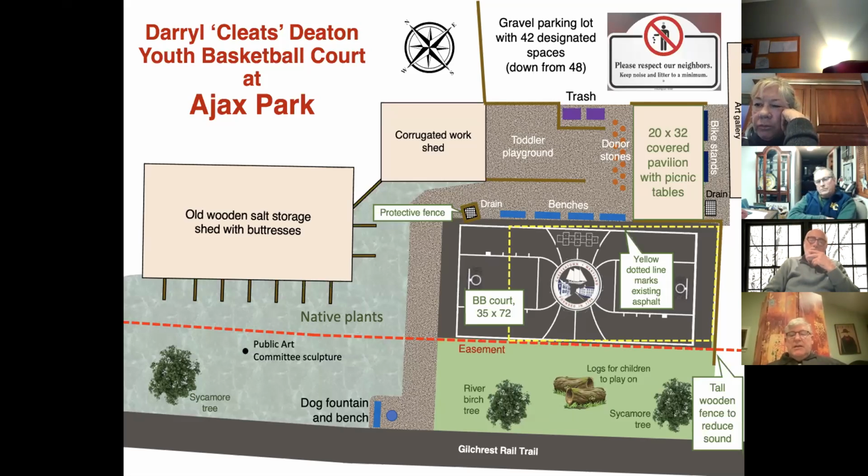We want to emphasize that when I say we, I'm talking about the ad hoc planning committee, not the whole recreation commission. So the planning committee suggests the emphasis that this is a youth court, which is consistent with the vision of Daryl Cleats, that it be a place for youth to stay busy in productive activity, to learn socializing skills and sports skills, and later on they can graduate to full-size courts.